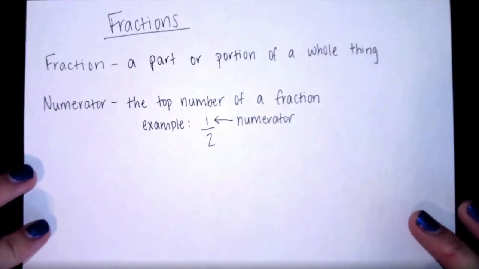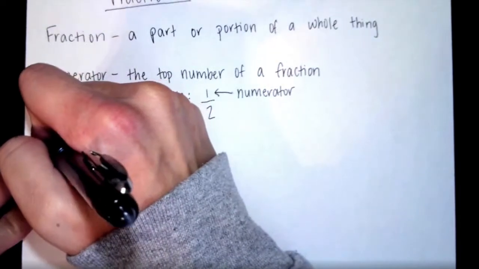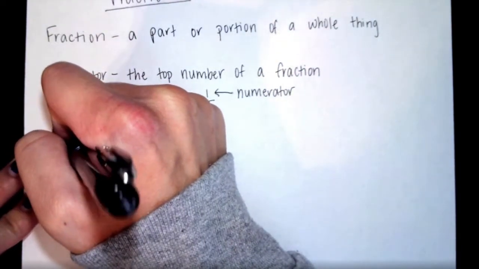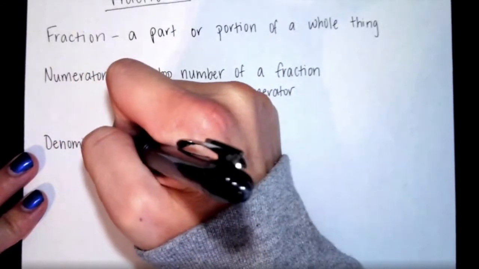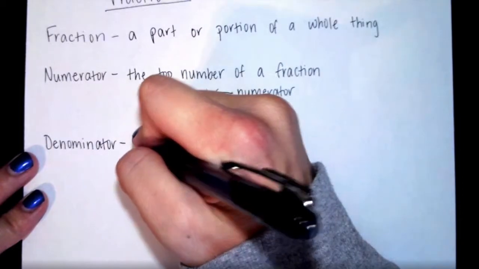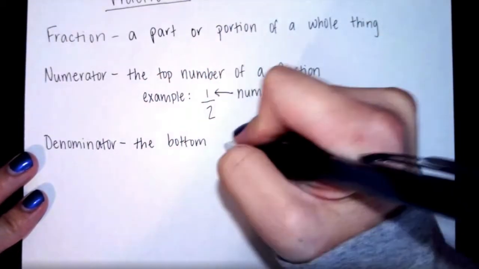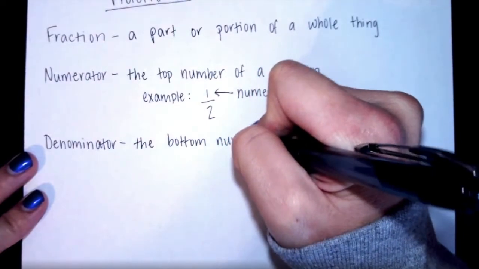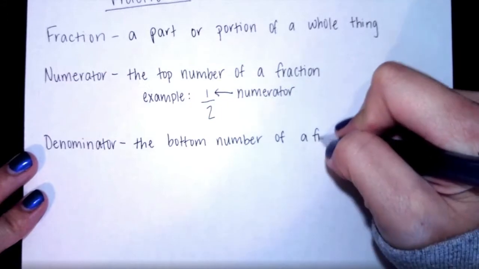Okay, so we are also going to write down the definition for the denominator. And the denominator is the bottom number of a fraction.